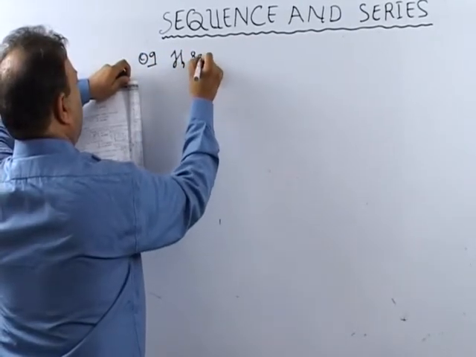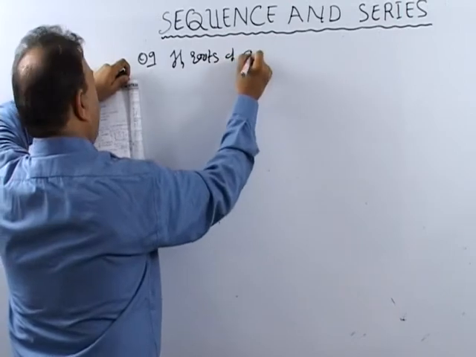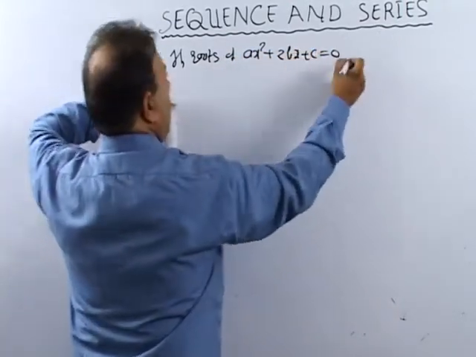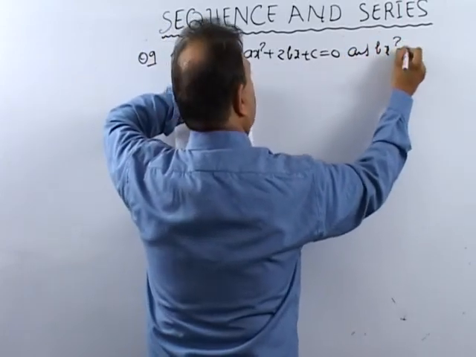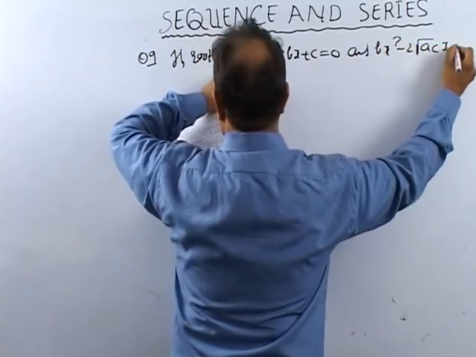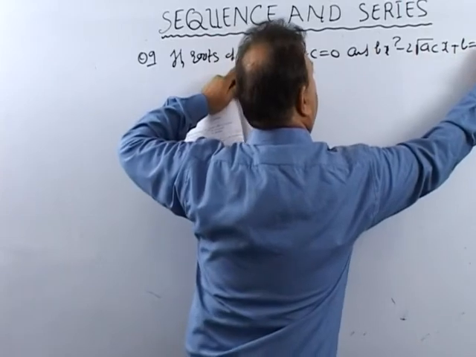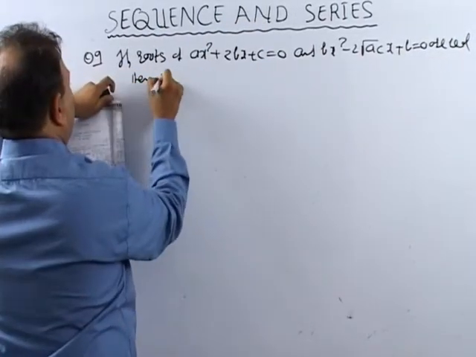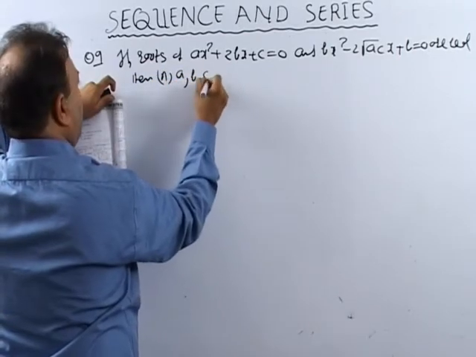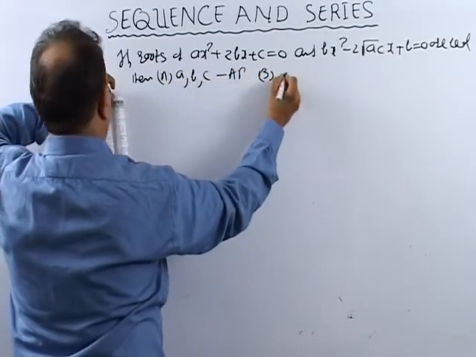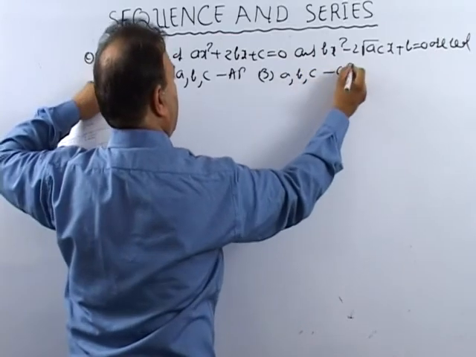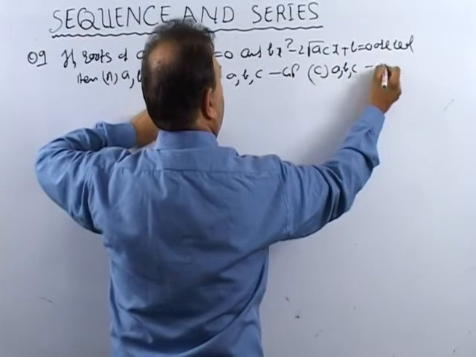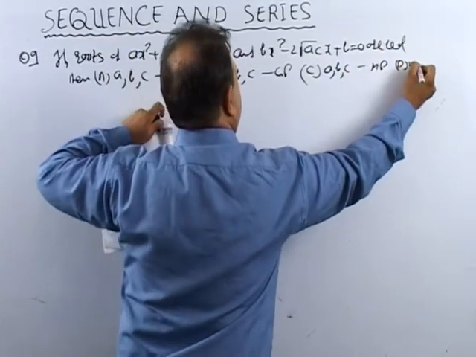If the roots of ax square plus 2bx plus c equal to 0 and bx square minus 2 root ac x plus b equal to 0 are real, then the options given are: A, a, b, c are in AP; B, a, b, c are in GP; C, a, b, c are in HP; and D is none of these.